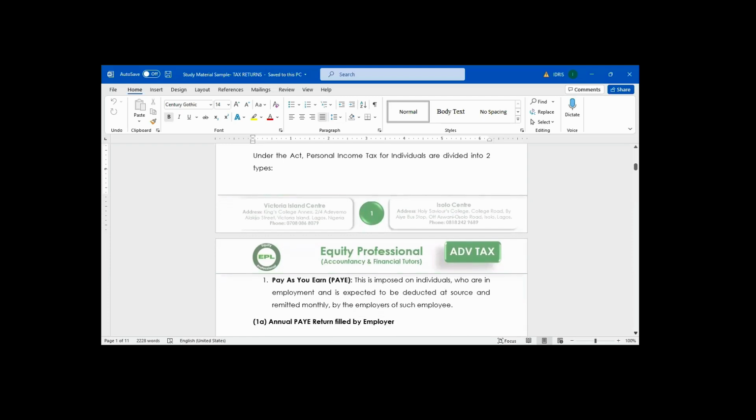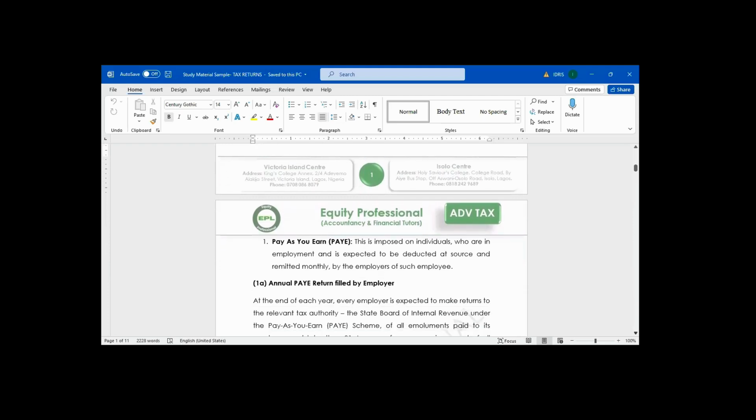Number one, pay as you earn. Pay as you earn means PAYE. These are the personal income tax returns filed by the employer on behalf of the employee.